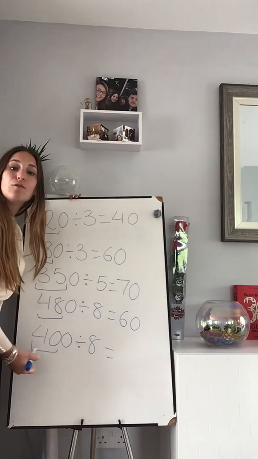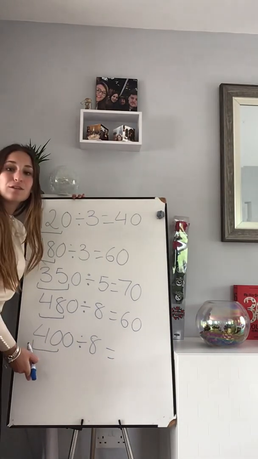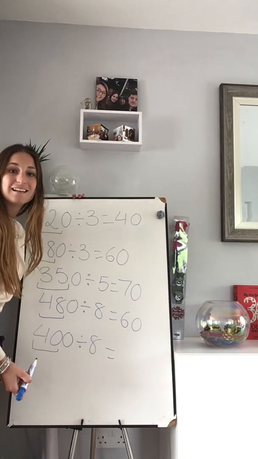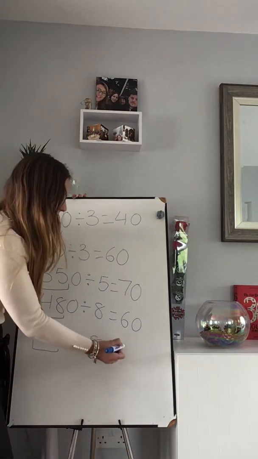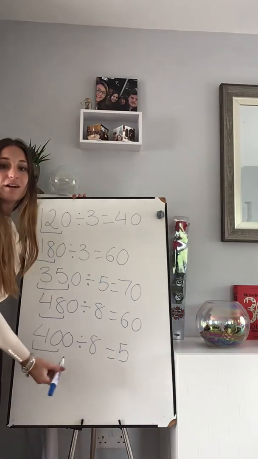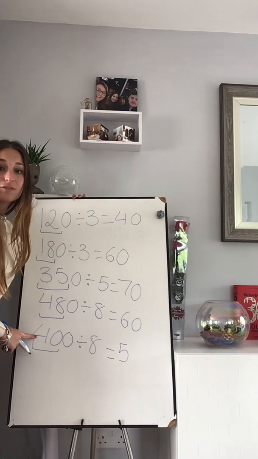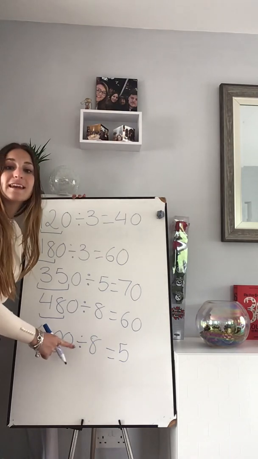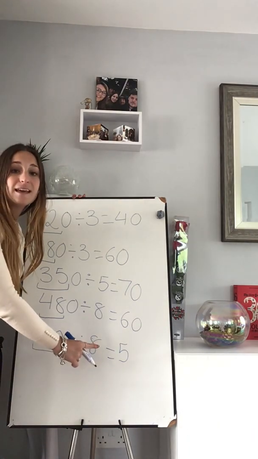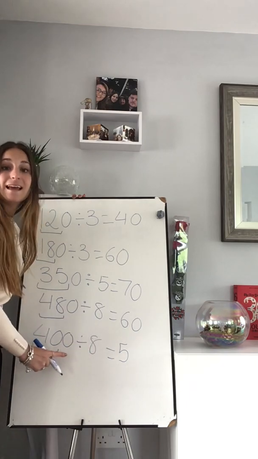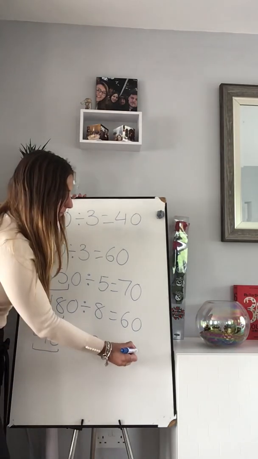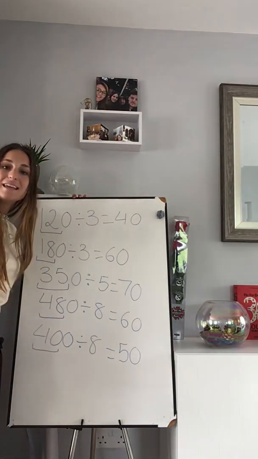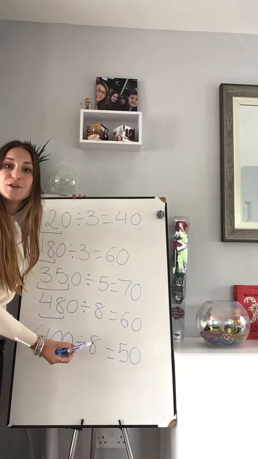Can I divide 40 by 8? I can. The answer is 5. So 40 divided by 8 is 5. And now I have my 0 that I need to put at the end, so the answer is 50.